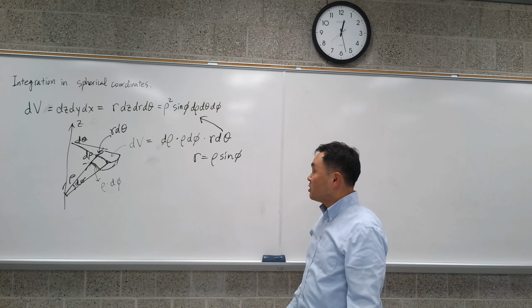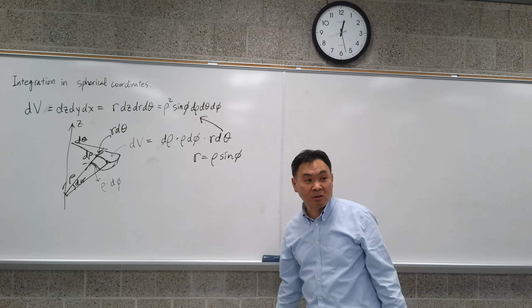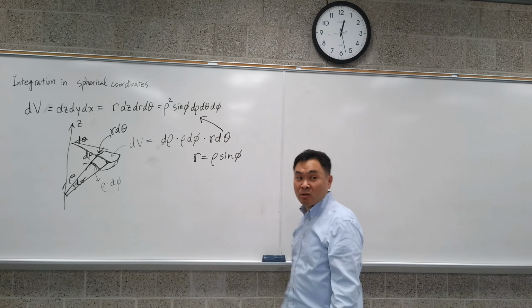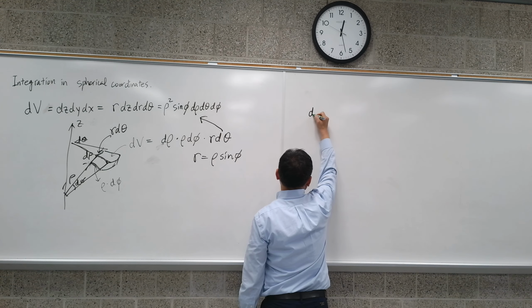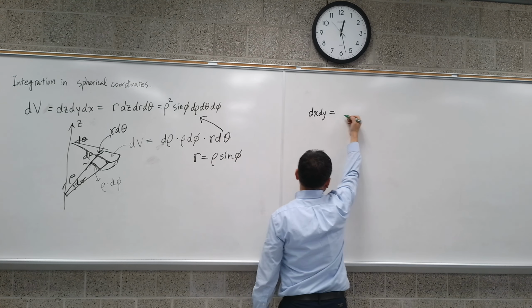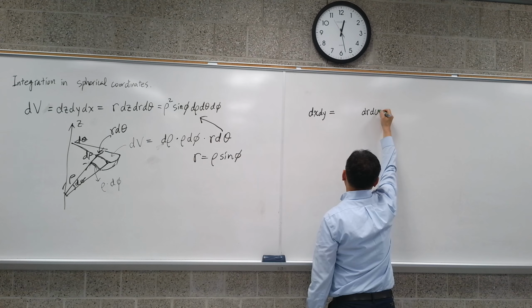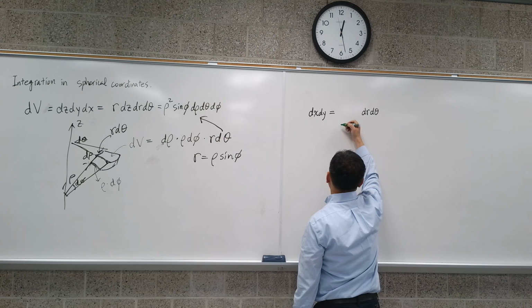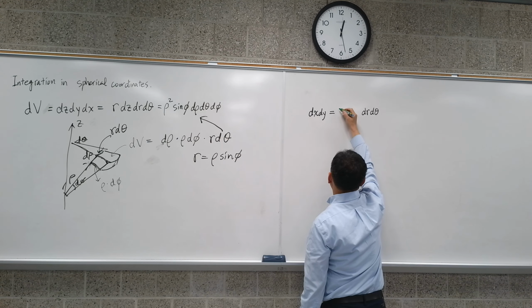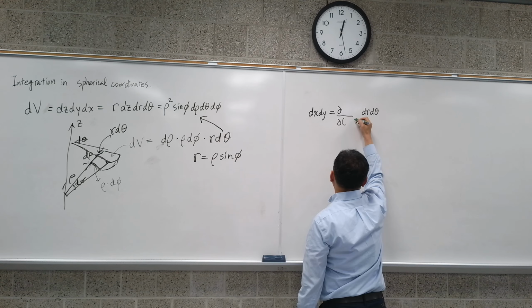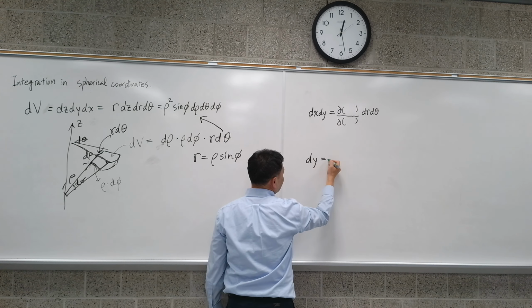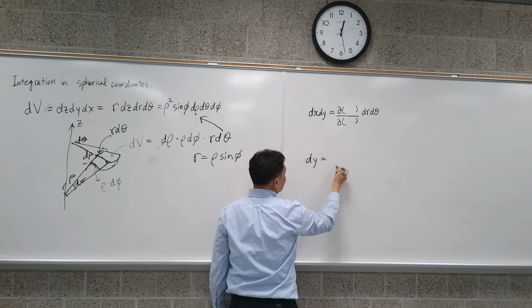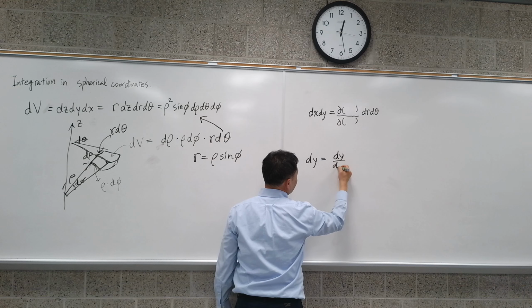So let me go back to the polar coordinate system and try to give you another reason why we have r. So if you go from dx dy to dr d theta, what you need is something like, it's just like, you know, dy equals dy over dx times dx.